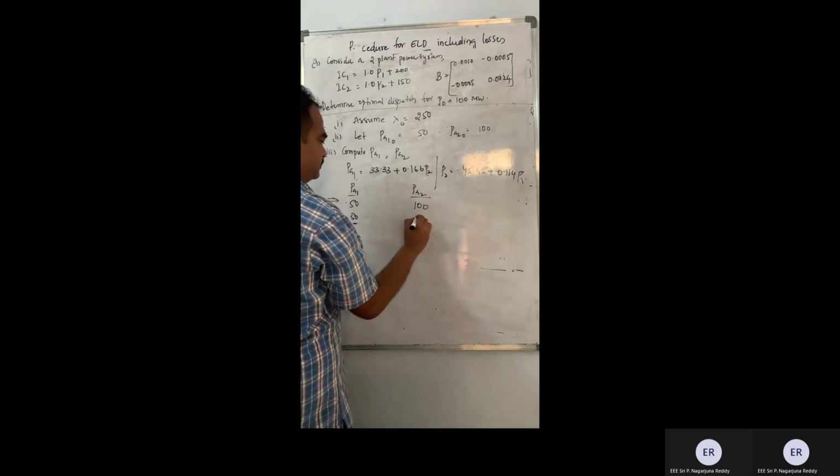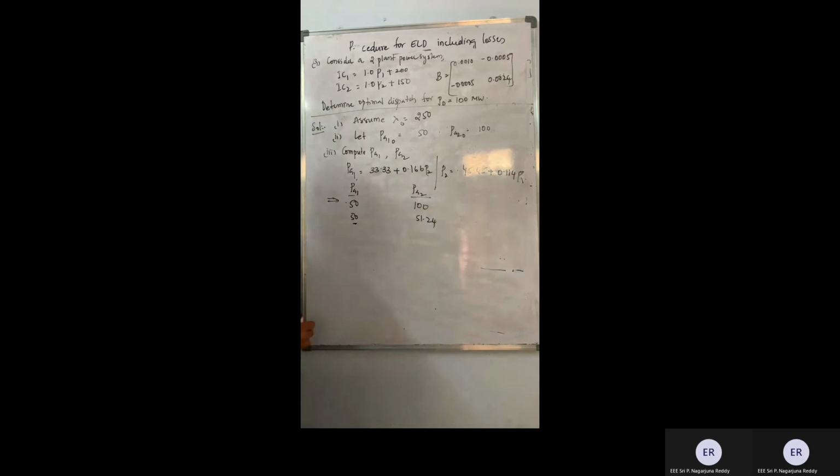So it is going to be 51.24. Now, again this P2 is to be substituted here. So this process is to be repeated again and again. P2 again to be substituted here.